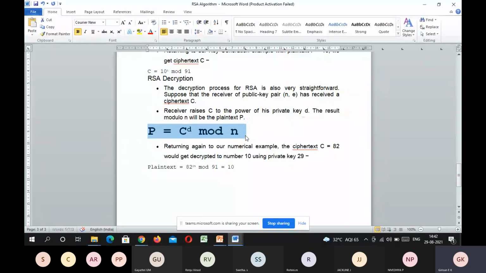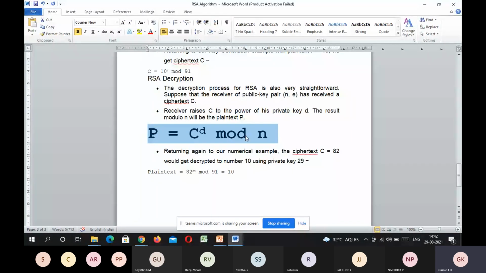D is known only to either the sender or the recipient, but E is known to both sender and recipient. E comma N is known to both the sender and the recipient in RSA, but D, which is the private key, is known only to either the recipient or the sender.